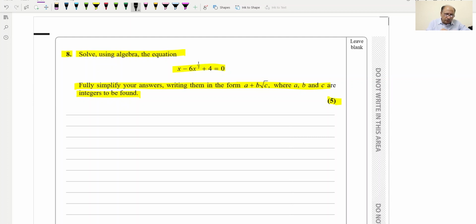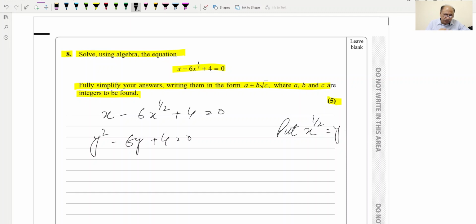So we'll take the given equation, x minus 6x raised to the power 1 by 2 plus 4 is equal to 0. We can put x raised to 1 by 2 is equal to y, and we can write this as y squared minus 6y plus 4 is equal to 0.